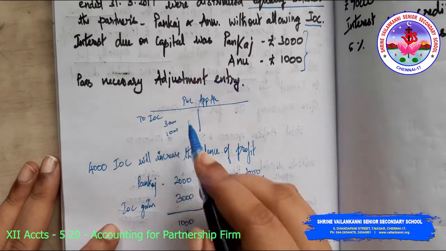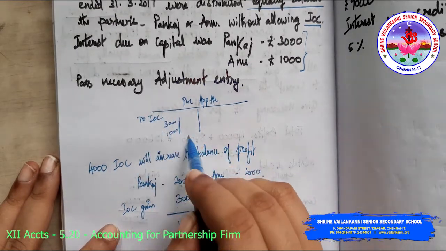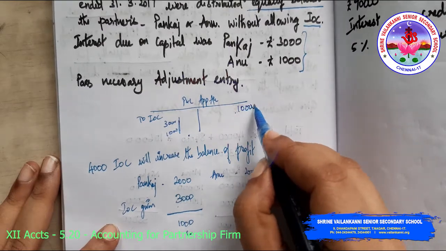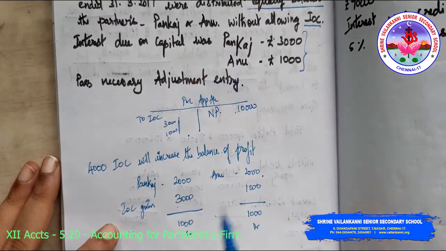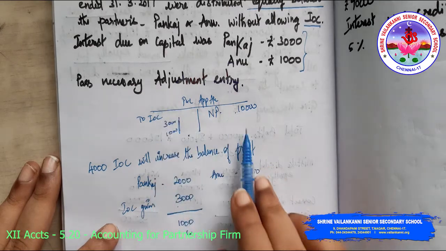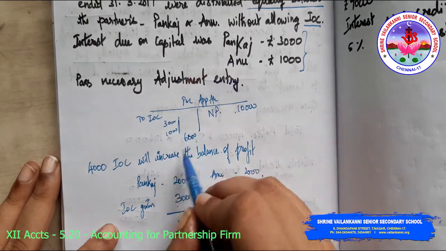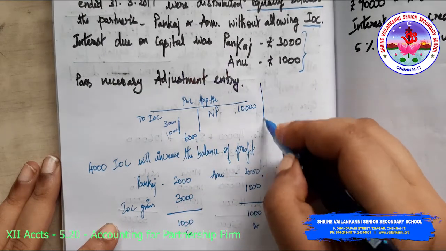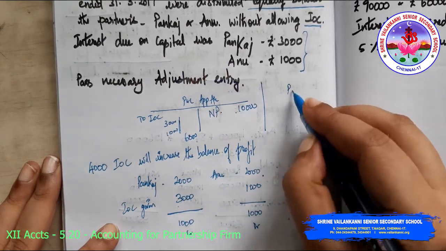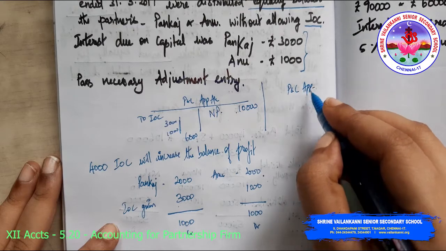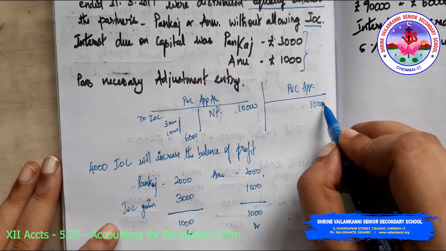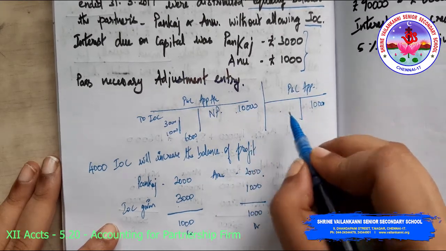Profit to the extent of 4000, this is not given. Say for example 10,000 is the net profit brought down from the P&L account. After charging this, the profit should be 6,000. But what mistake have they done? Suppose for example in the profit and loss appropriation account, they have not charged this 4,000 interest on capital.